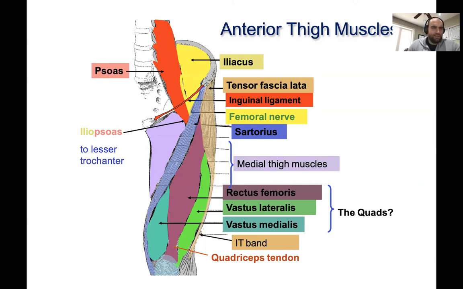And I realize I did not teach you guys about the lesser and greater trochanter of the femur, which is not good. So I'll have to make a note of that. But just like we had the greater and lesser tubercle of the humerus, if you remember from the arm lectures, that's analogous to the greater trochanter and lesser trochanter of the femur.